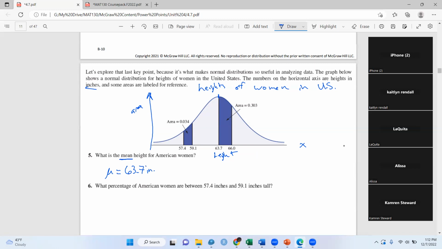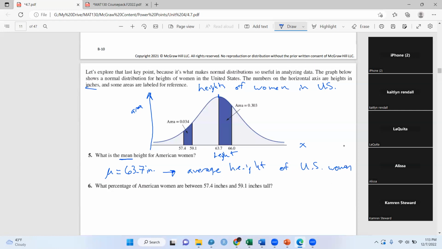So another way to say this, if you think back to what we did in 4.5, if there are no outliers, then the mean is the best measure of center or measure of average. So this is the average height of a US woman, also known as the mean.